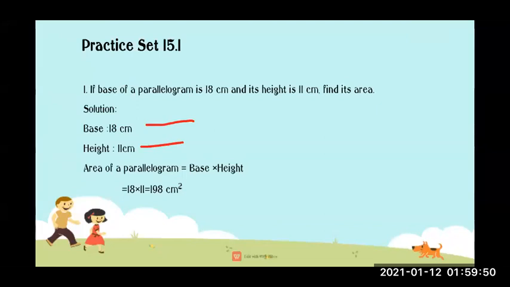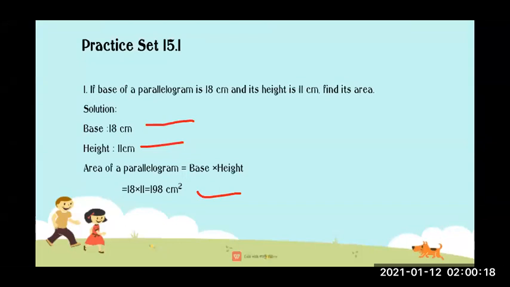Now next, area of a parallelogram is base into height. So base is 18 multiplied by 11. Now 18 11s is 198. Centimeter will become square centimeter. So 18 multiplied by 11 equal to 198 square centimeter or centimeter square.